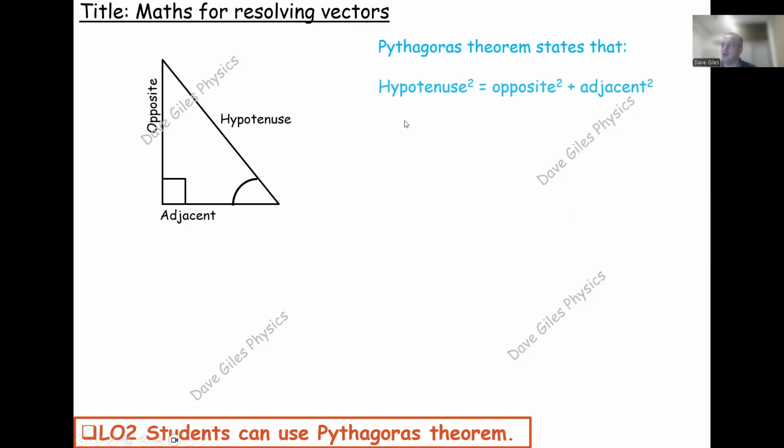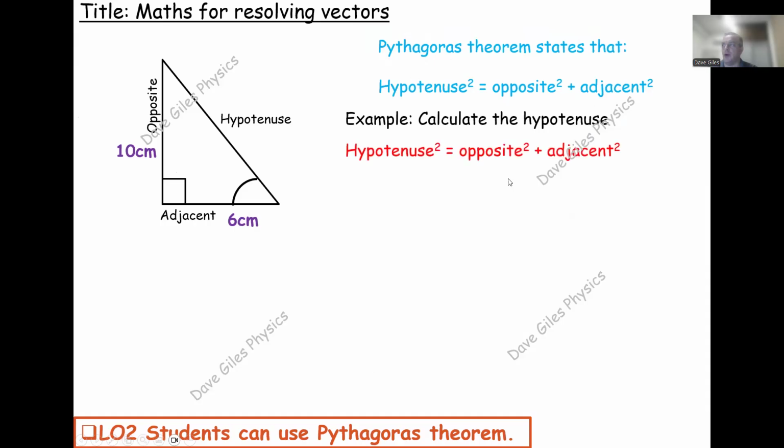Pythagoras theorem states that the hypotenuse squared equals the opposite squared plus the adjacent squared. I've put some numbers on here, 10 centimeters and 6 centimeters, and asked you to calculate the hypotenuse. So hypotenuse squared is 10 squared plus 6 squared.